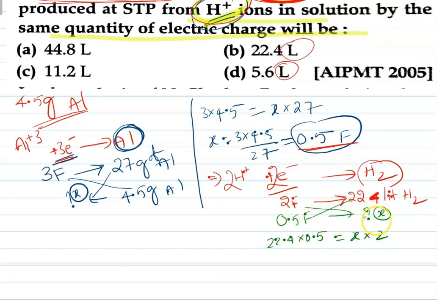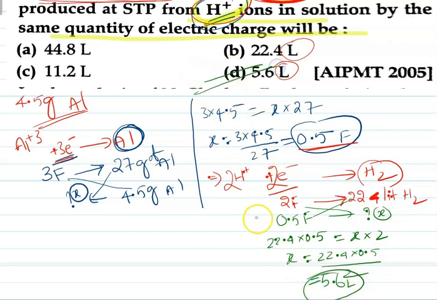So x is equal to 22.4 into 0.5 by 2. By doing this calculation, you will get the answer as 5.6 liters. So what's the answer? 5.6 liters.